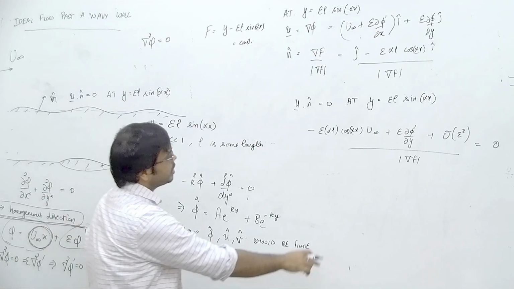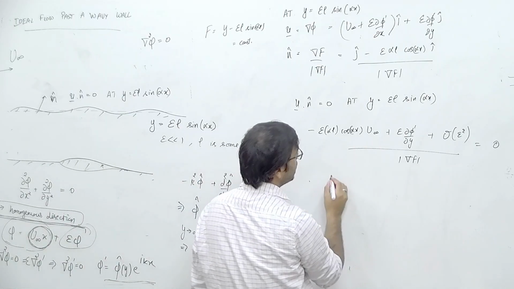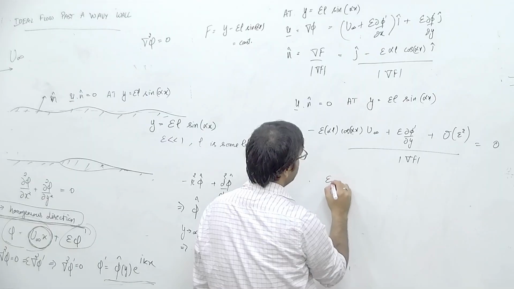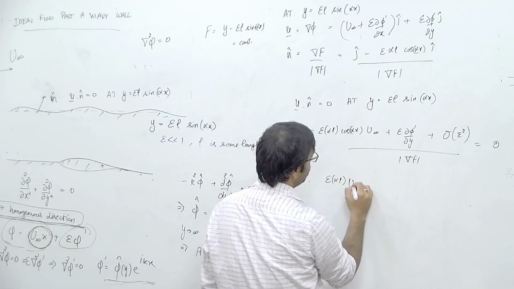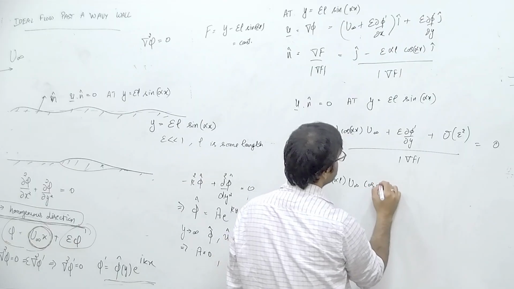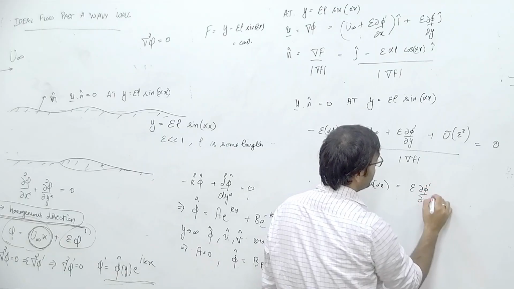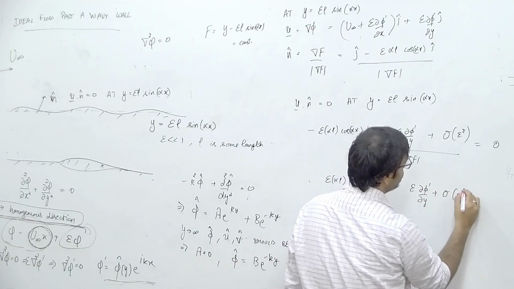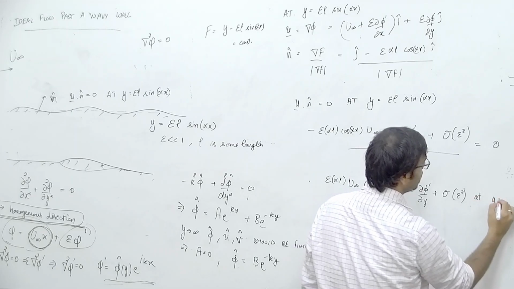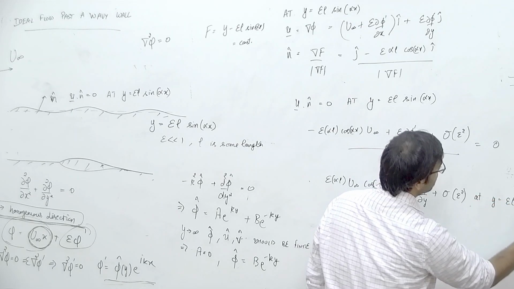So from here we say that epsilon alpha L u infinity cos alpha x equals epsilon del phi prime by del y plus order epsilon squared terms at y equals epsilon L sine alpha x.